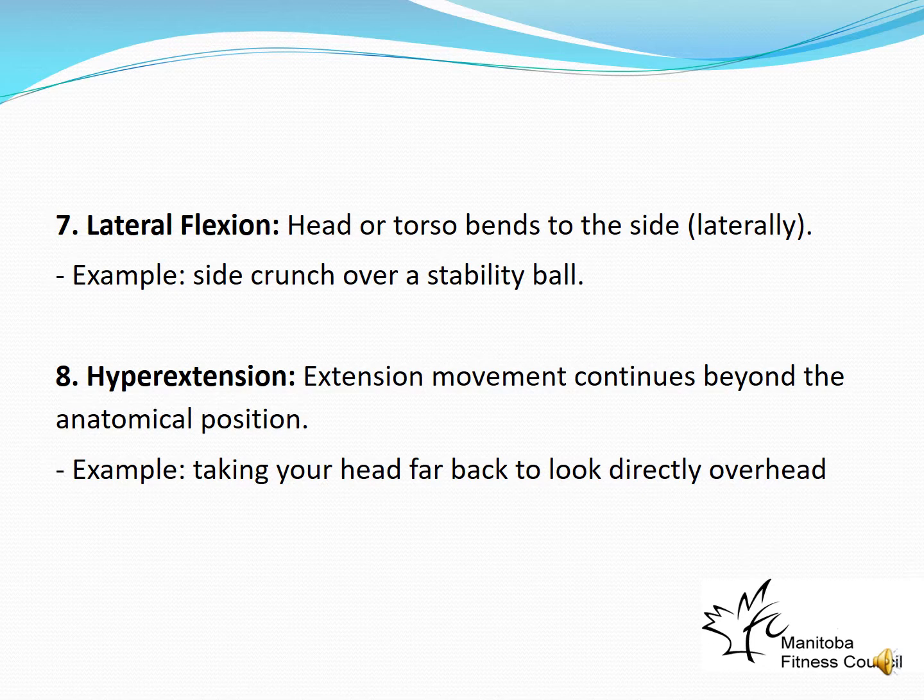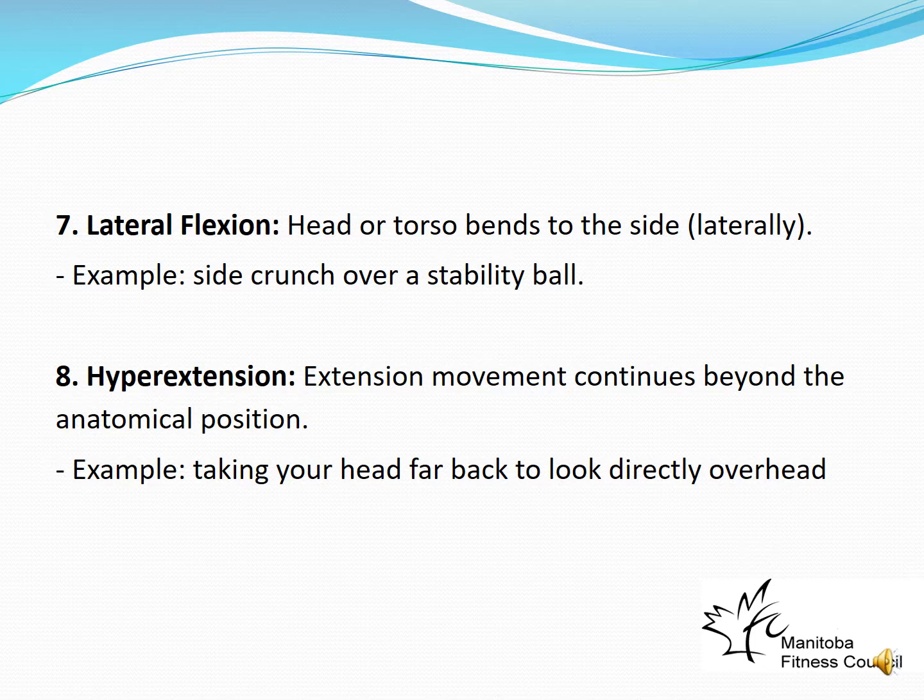Hyperextension are movements that go beyond anatomical position. So technically, extension will occur up until we reach anatomical position. So you will flex something forward, and extension will continue until you reach anatomical position. Hyperextension is what occurs when you go beyond anatomical position.